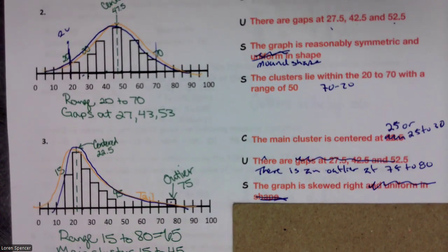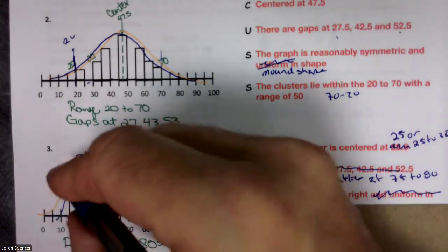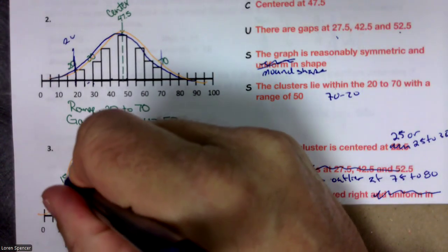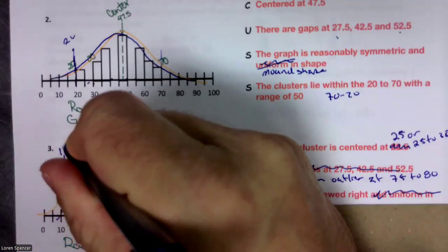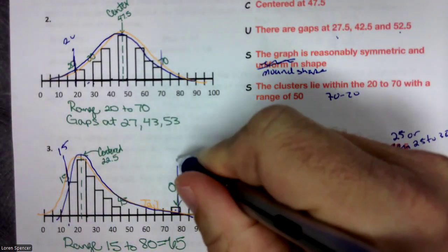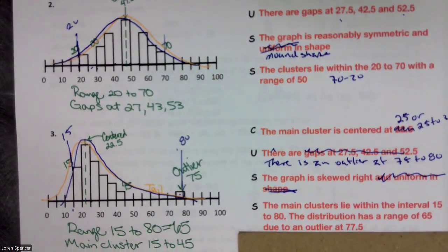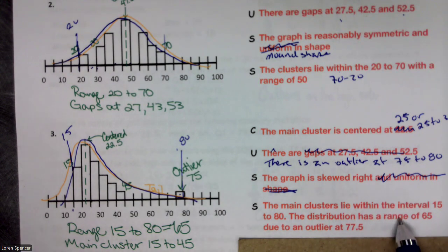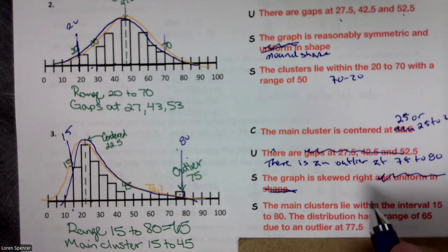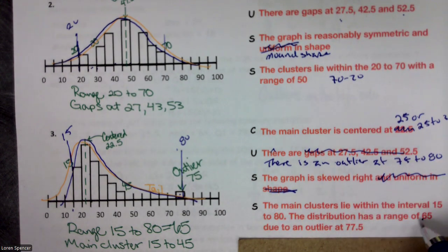And then lastly, we need to talk about our spread. Our smallest data value appears to be at 15, and our largest data value is at 80. So our range would be 80 minus 15. The distribution has a range of 65, and that came from 80 minus 15.